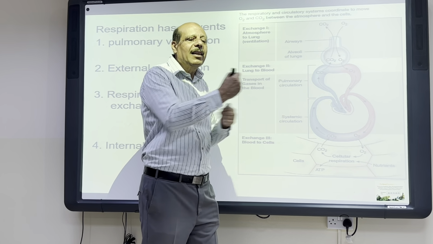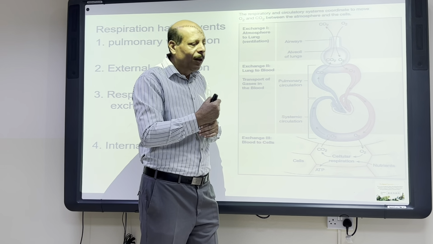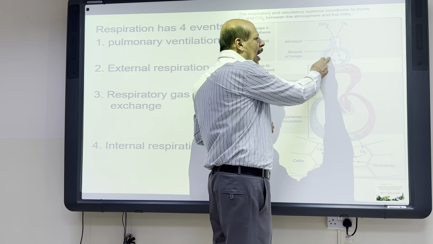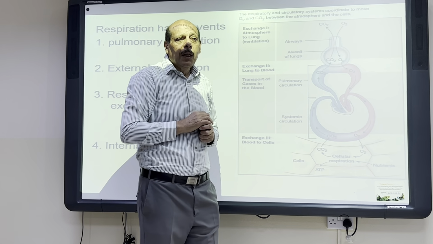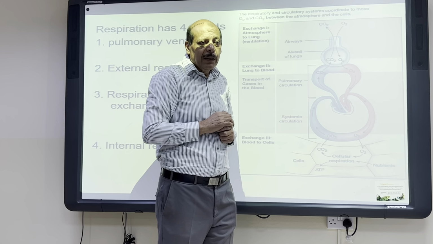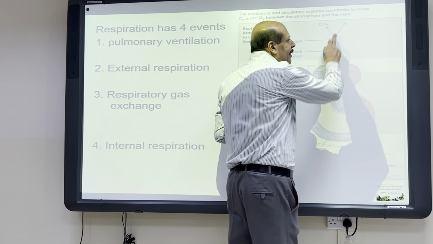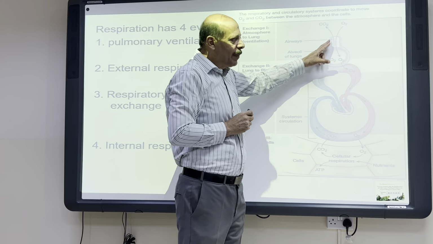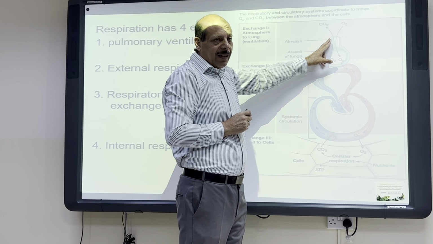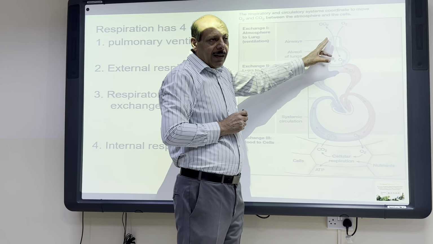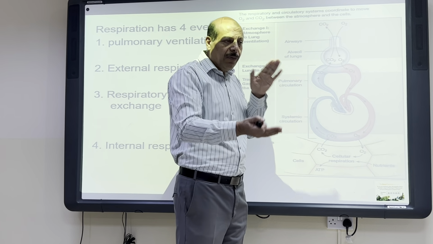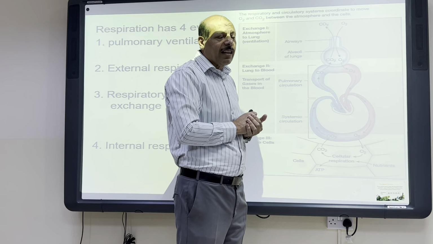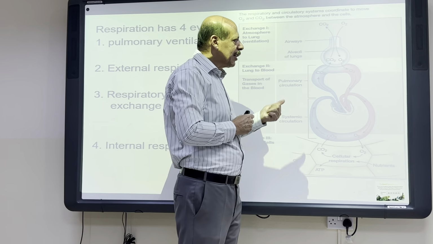Due to the difference in the concentration, the carbon dioxide will also diffuse to the alveoli, and we breathe it out through expiration. So the mechanism of exchange is due to the difference of the concentration.